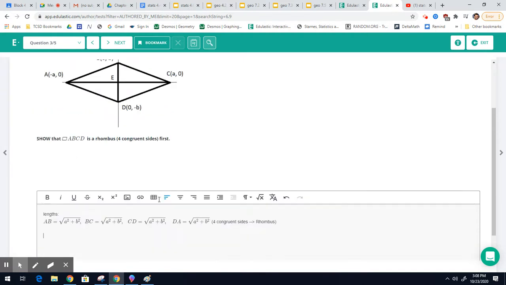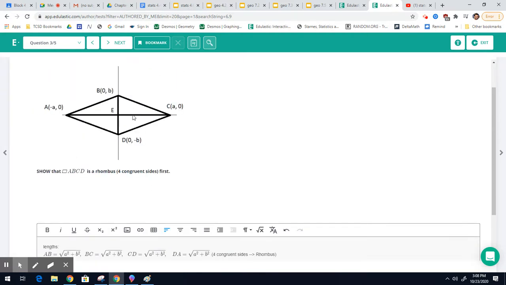Now how are you going to show that the diagonals are perpendicular? To show that something is perpendicular, you need to use their slopes. Remember that perpendicular lines have opposite reciprocal slopes. So we need to show that the slopes of AC and BD are opposite reciprocals. That will make them perpendicular. So let's do that.